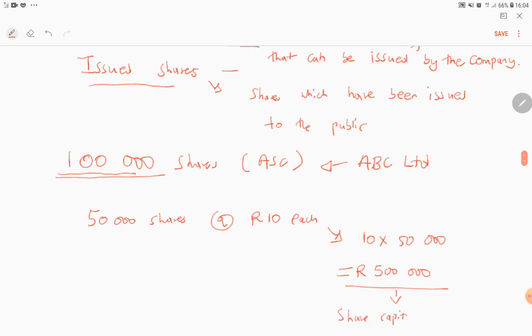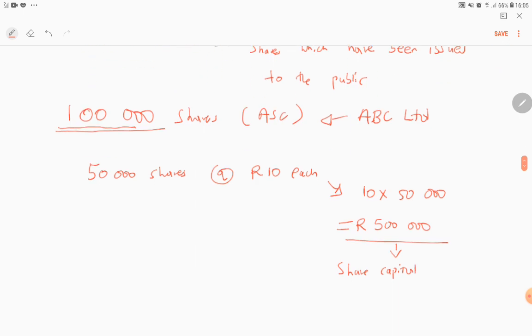You know from sole traders that we had a capital account. That's the amount contributed by the owner into the business. And for partnerships, we also had partnership capital, which is the same as for sole traders. But for companies, we have what you call share capital. This is also the amount contributed by the owners of the company, and the owners of the company are who?